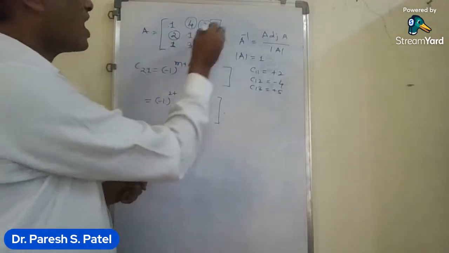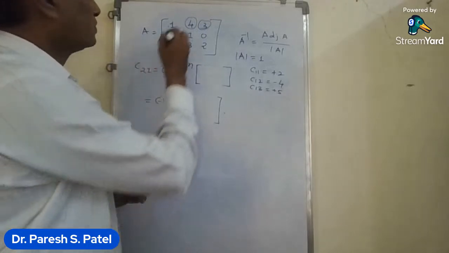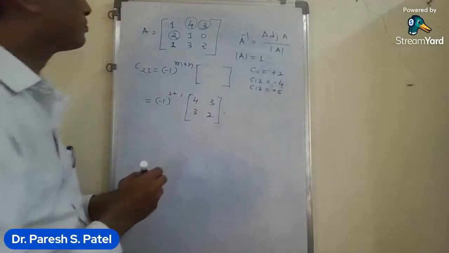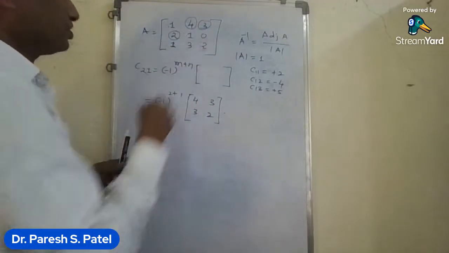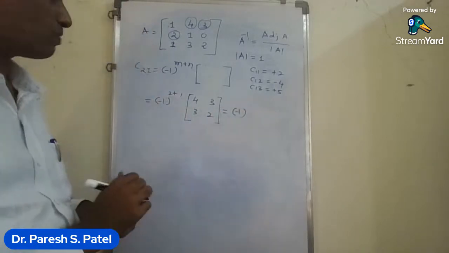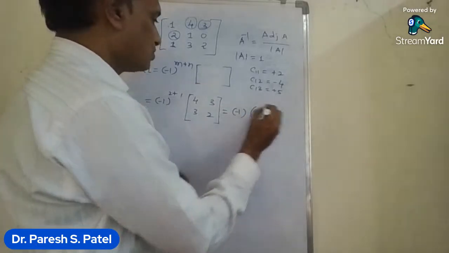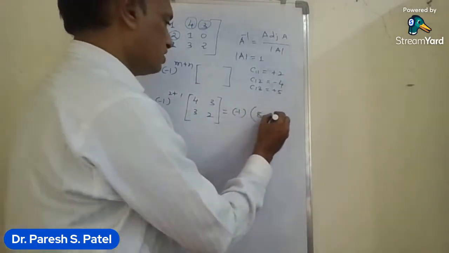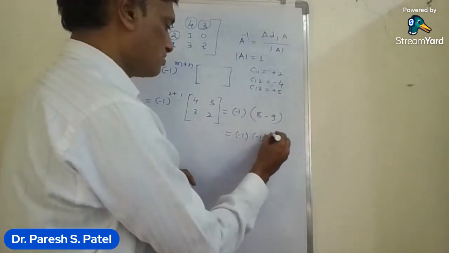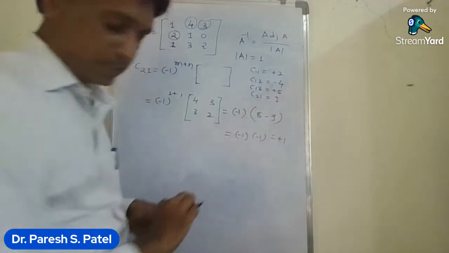So the remaining elements are [4 3; 3 2], equal to minus 1 raised to 3, which is minus 1, times (8 minus 9), which is minus 1, giving plus 1. So the value for C21 is equal to 1.